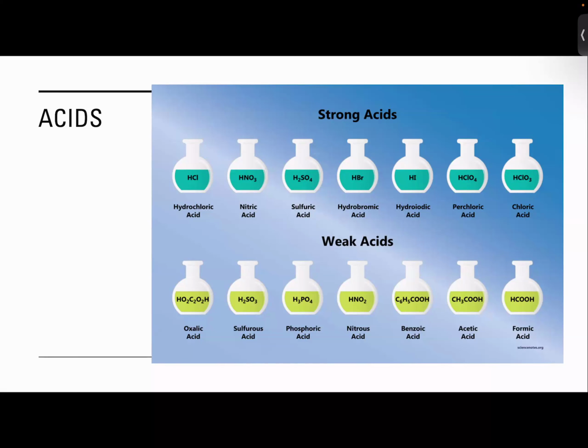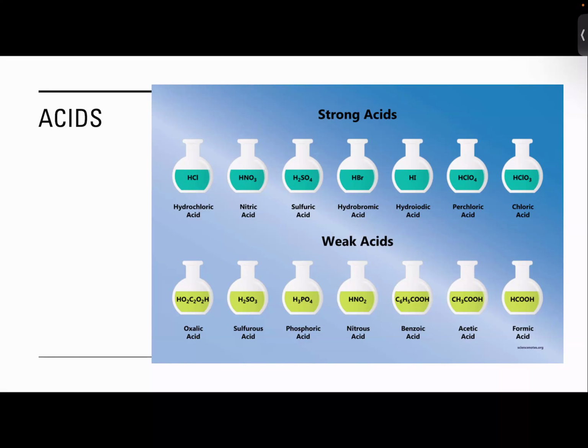The others are acids of polyatomic ions. They are nitric acid, perchloric acid, chloric acid, and then the only diprotic acid, sulfuric acid. These are your strong acids. You must know these acids. You must have them memorized.